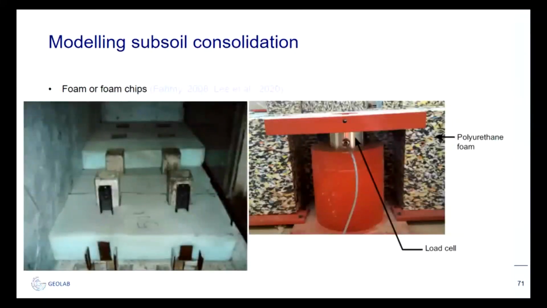Then several researchers used some foam. Sometimes, specifically in a centrifuge, they used EPS, but other types of foam were used too. Both foam blocks and foam grains were used. And of course, no gap occurs, but consolidation can be modeled more or less. So you have a settlement.